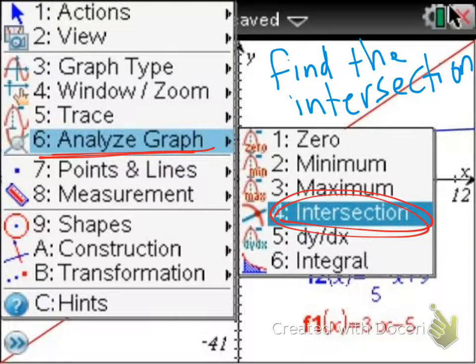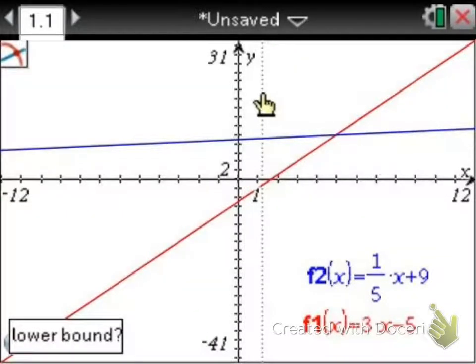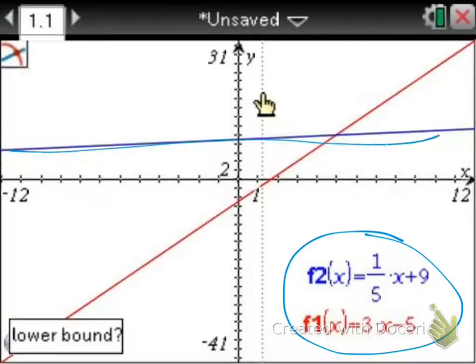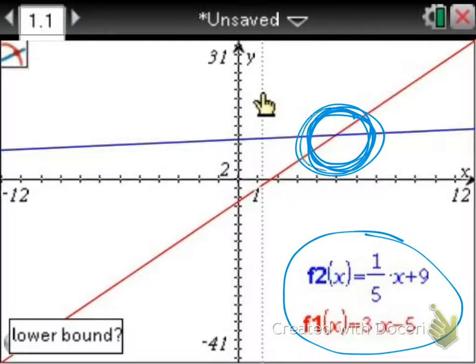When you do that, here's what's going to pop up. This is what the two equations look like: after I did Window Zoom, it showed me both lines. This is important because I need to see this intersection.